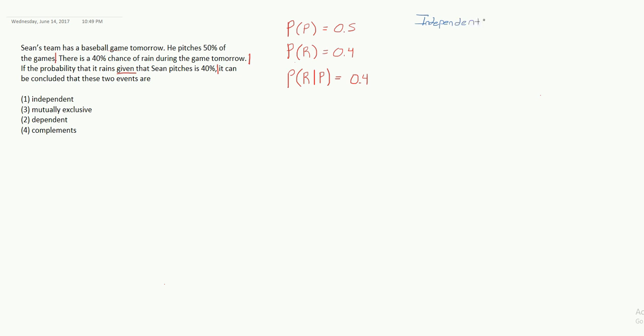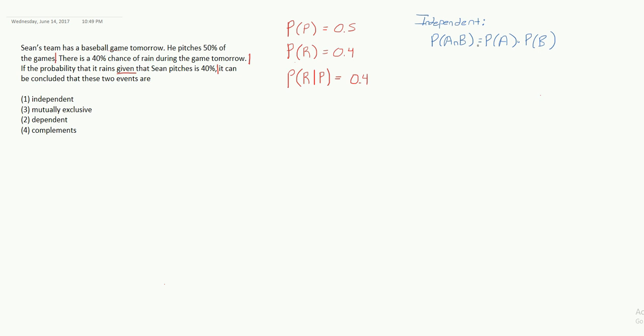There's a formula that describes independent events, and it says that the probability of A and B, or A union B, in other words, the probability of A and B happening at the same time, is going to be equal to the probability of A times the probability of B.